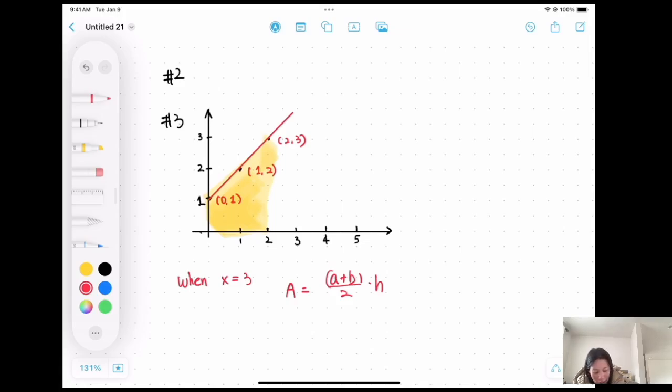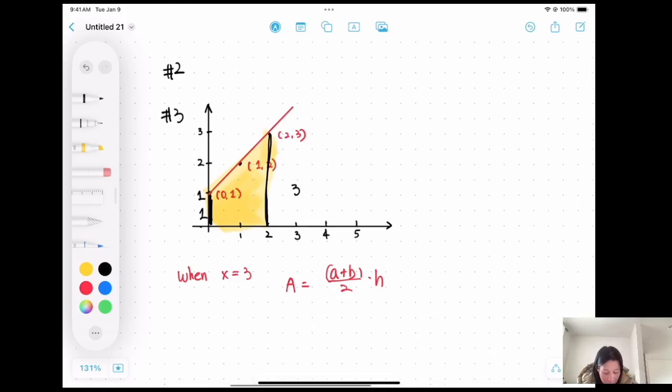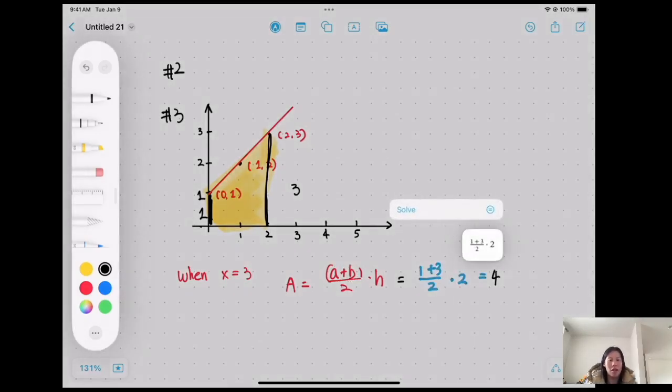So I can consider this part the top, which is 1, and the bottom is equal to 3, and the height is 2. So the area should be 1 plus 3 over 2 times the height, which is 4 units.